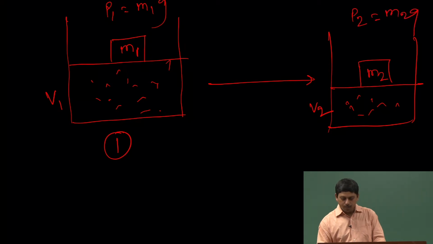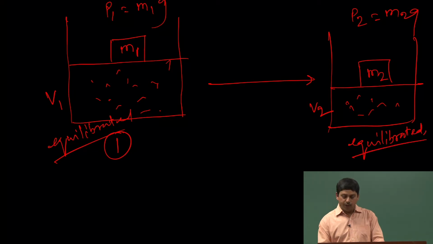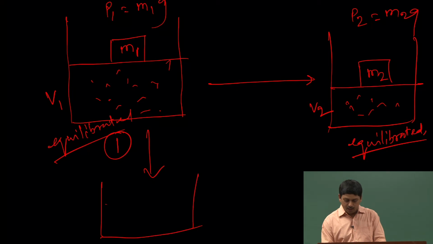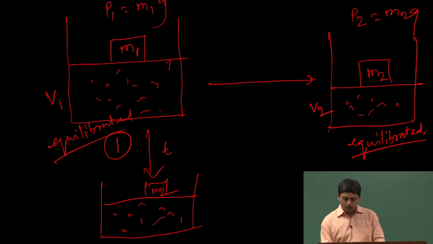Okay. So, now how did we do this particular operation? Although this is an equilibrated system, correct, this is also an equilibrated system. So, these are two equilibrated systems, but when we try to do that at t equal to 0, we have changed the mass from m 1 to m 2 at t equal to 0 and then allowed the system to go to equilibrium.